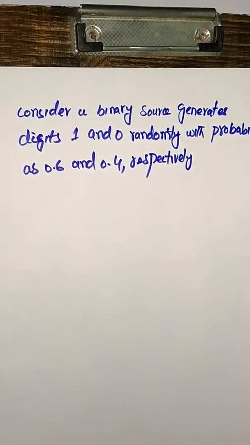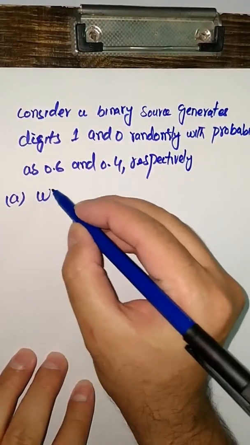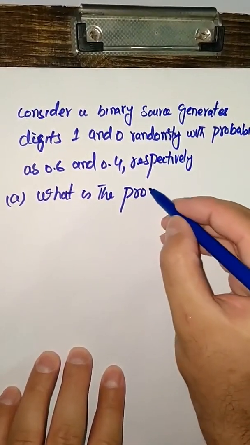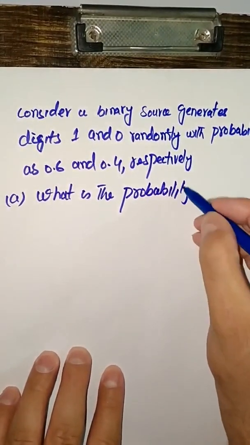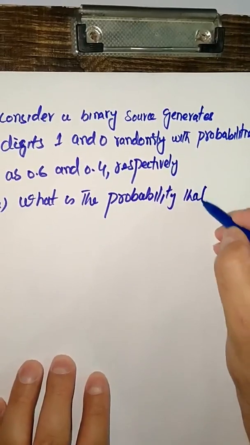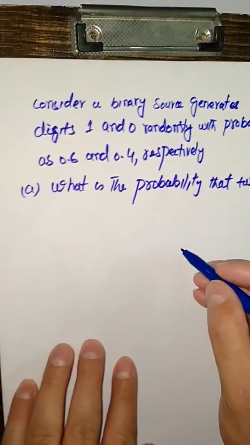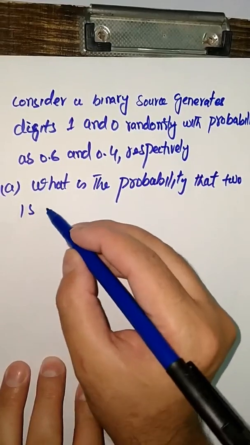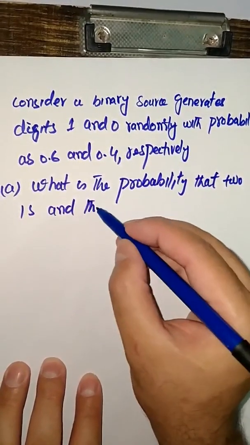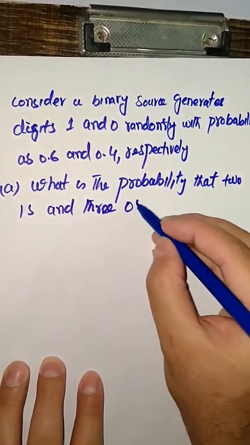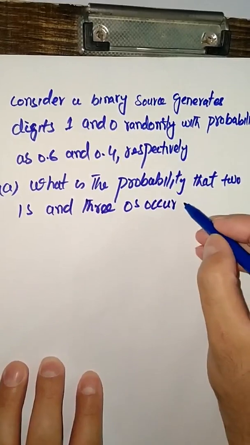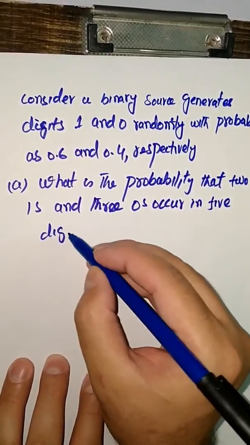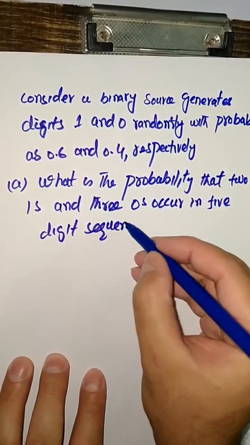Now we have to find, what is the probability that two ones and three zeros occur in a 5-digit sequence.